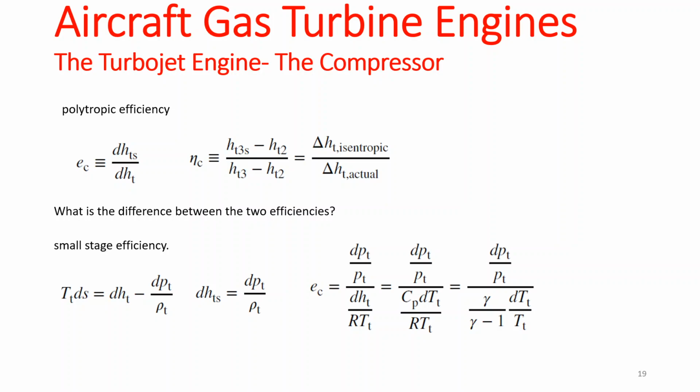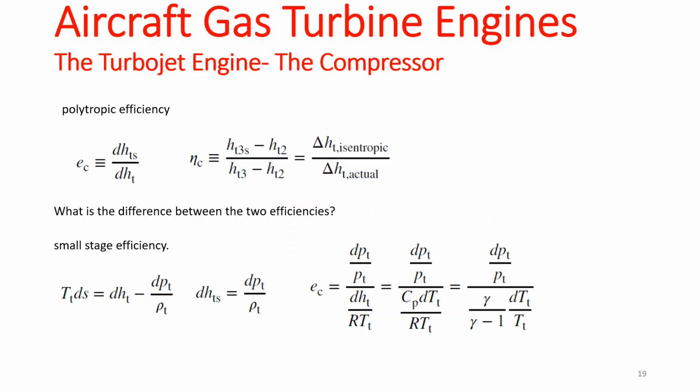Okay, so let's rephrase that. Essentially what we have done here is replace the isentropic total enthalpy change with this equation. Then we have used the ideal gas law to write the density as a function of pressure, temperature, and the gas constant. We play with it a little bit, and this is what you are going to get.